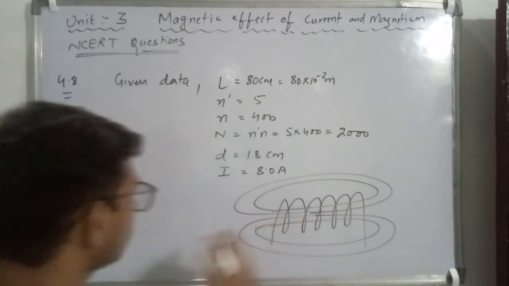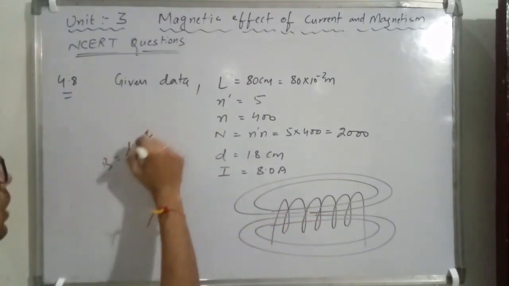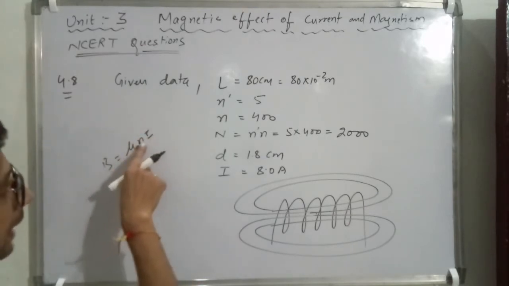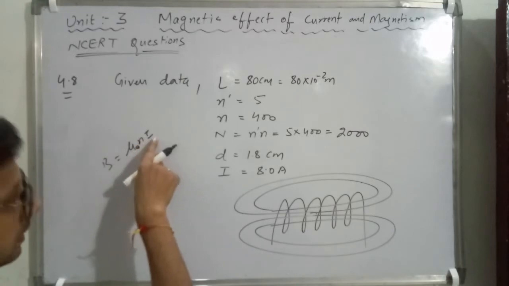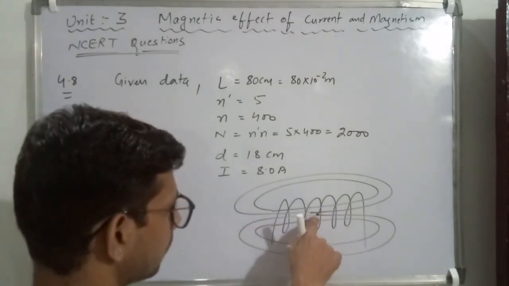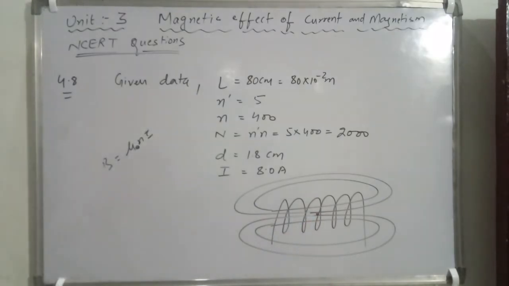It has the magnitude B equals mu naught n into I. Here n is the number of turns per unit length and I is the current. So this is the maximum magnetic field at the center of the solenoid. So this is the concept we are going to use.